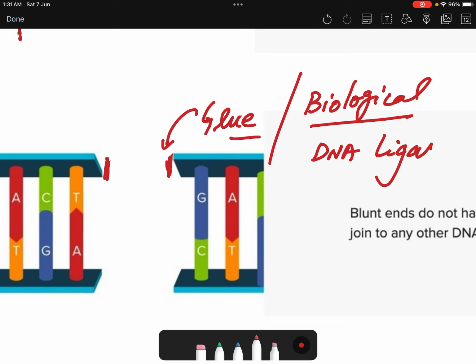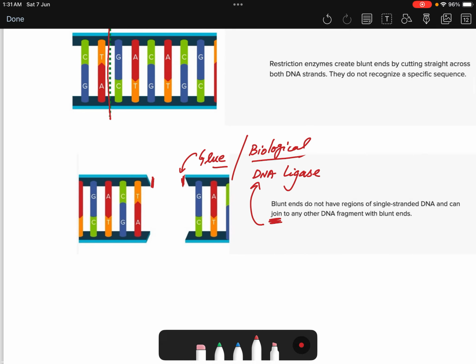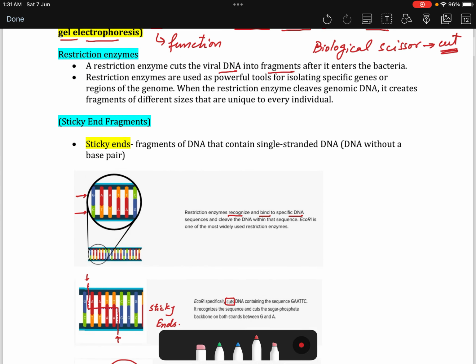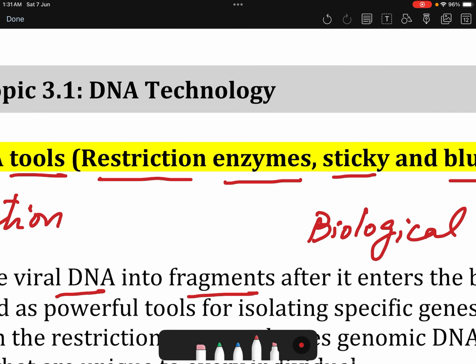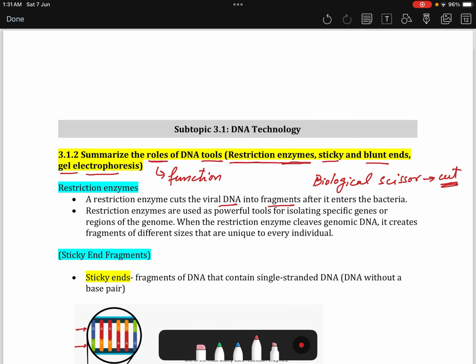You can join the DNA fragments with the help of ligase, but it's not easy, because if you put the glue over here and bring them closer, they will stick to each other, but you can break them very easily. Getting back, restriction enzymes are the enzymes which cut the DNA into fragments. These fragments can be sticky if they have hanging regions and blunt if they are flat at the ends.